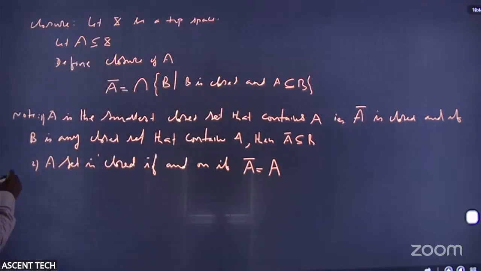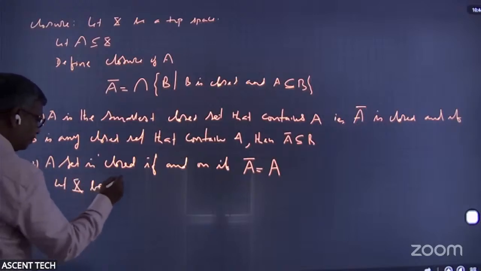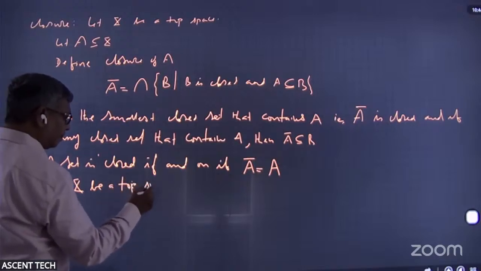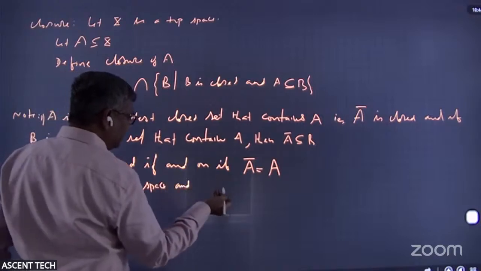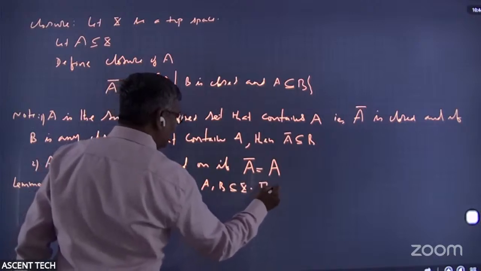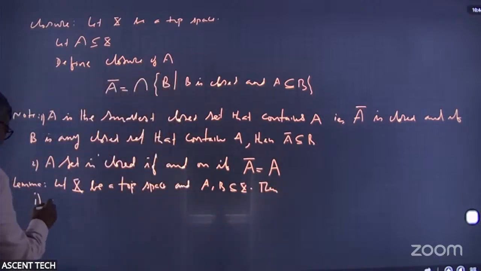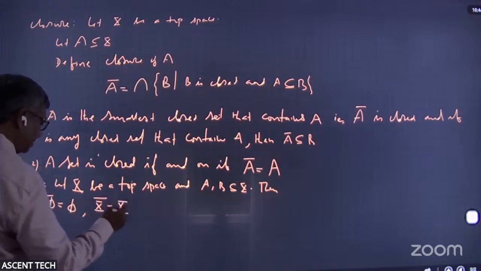Now I prove the lemma. Let X be a topological space, and I'm going to pick two sets A and B. Then, one, the closure of the empty set is the empty set, of course, because the empty set is closed, so its closure is itself. And the closure of the whole space X is also X because X is a closed set.